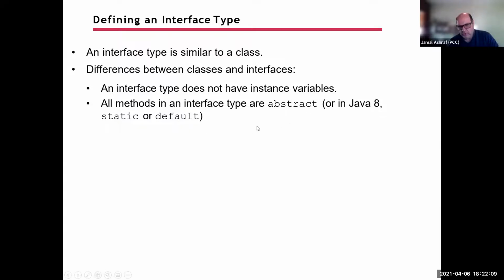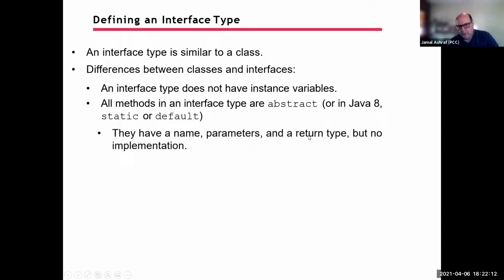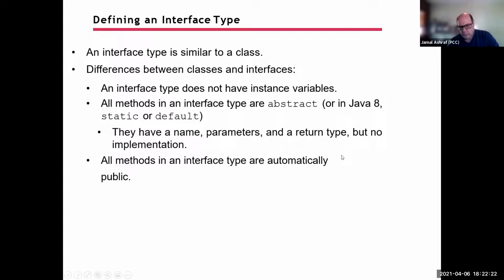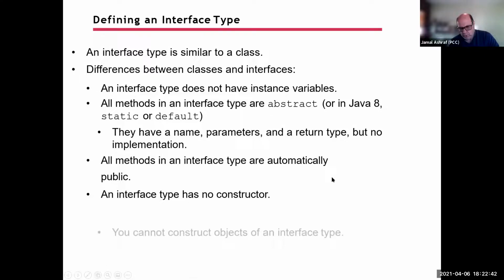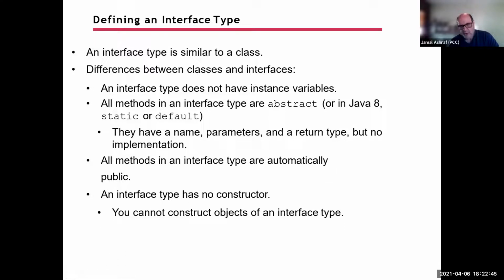In newer versions of Java, that can also be static. They have a name, parameters, and return type, but no implementation. And it is automatically public. All of the methods are automatically public. I don't have to say it. And again, just like abstract classes, we do not have a constructor for it. So you cannot create an object of an interface.